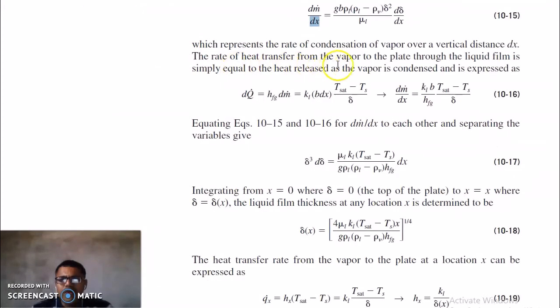The rate of heat transfer from vapor to the plate through the liquid film is simply equal to the heat released as the vapor is condensed. So heat release is equal to hfg into mass of vapor condensed. This is the amount of heat released. And this heat should be transferred through this b dx area by conduction.